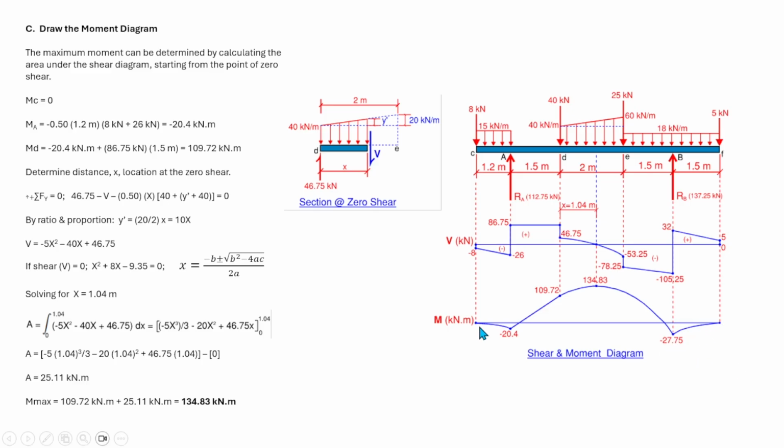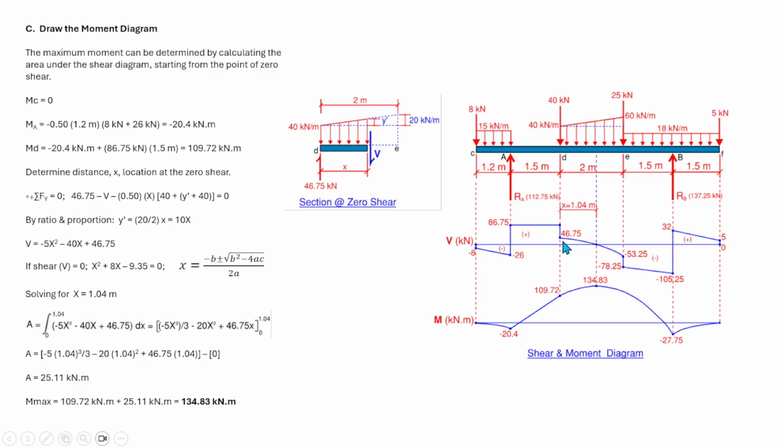27.75. To explain how we come up with this curve in the moment diagram, from point A to D we have a linear because the shear diagram is 0, constant. So the slope here is positive because the shear is positive.